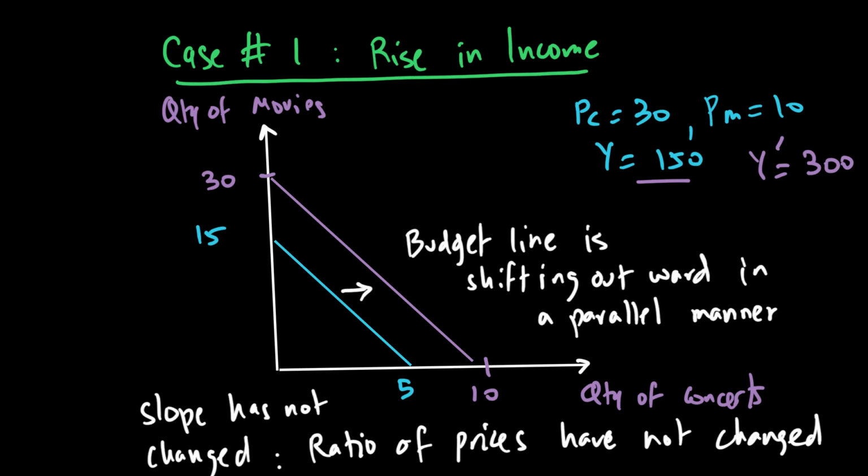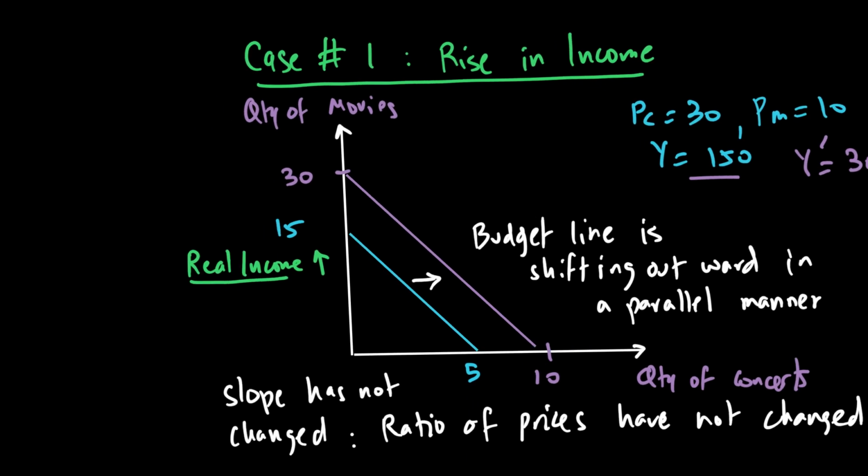One more question is what will happen to our real income, and the answer is that real income will go up. Why? Because our purchasing power is going up. Same prices, more income, real income goes up. Remember, one way to look at real income is your money income over your price level.